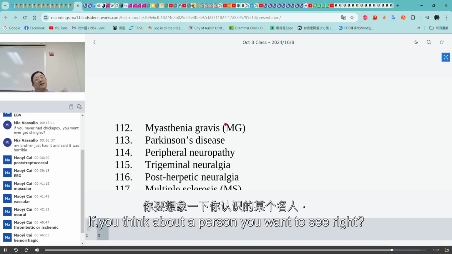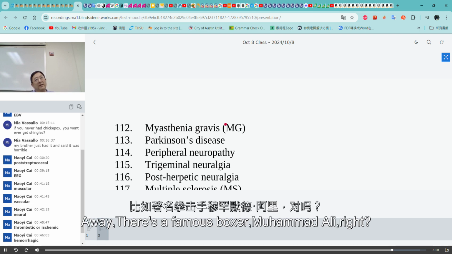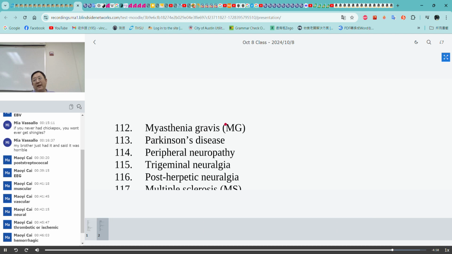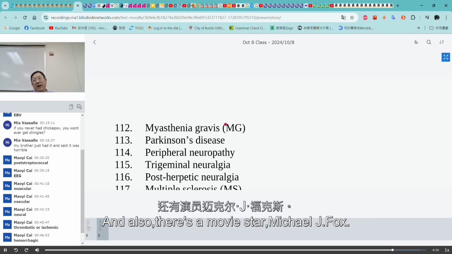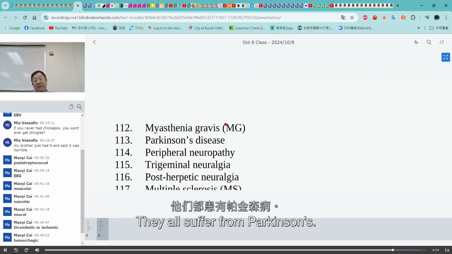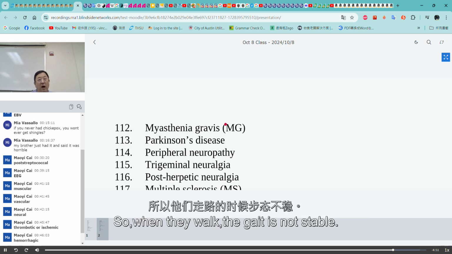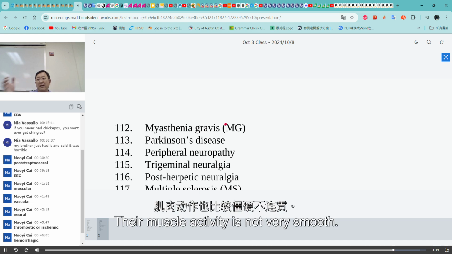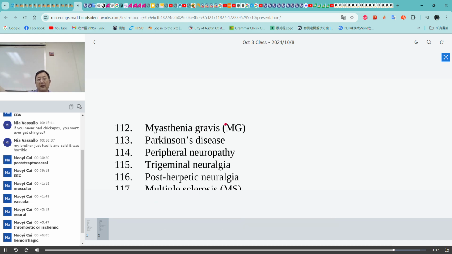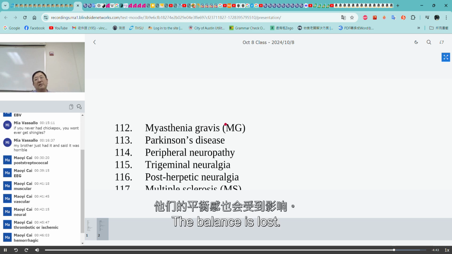If you think about a person, there's a famous boxer, Muhammad Ali, and also a movie star, Michael J. Fox. They both suffer from Parkinson's. When they walk, the gait is not stable and their muscle activity is not very smooth. It's like cogwheel. Then the balance is lost.